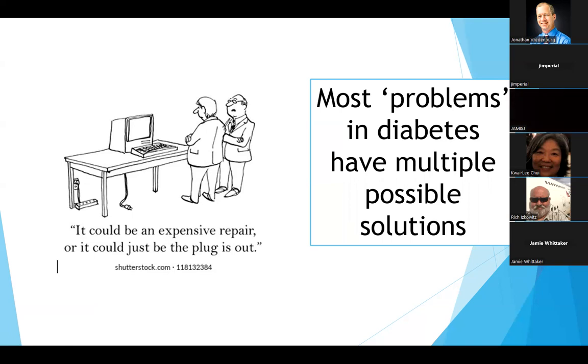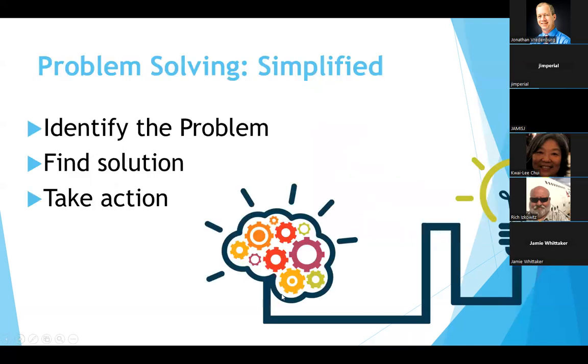So solutions to diabetes may work for one person, but not another. This is essentially what I mean by adopting a trial and error approach when we look at diabetes self care. But if we look at problem solving from a more simplified basis, we're basically just trying to look at the problem, find potential solutions, and then pick the best solution.